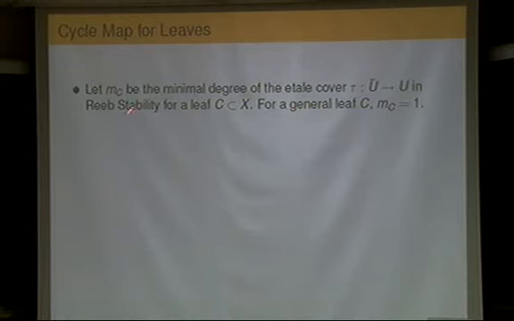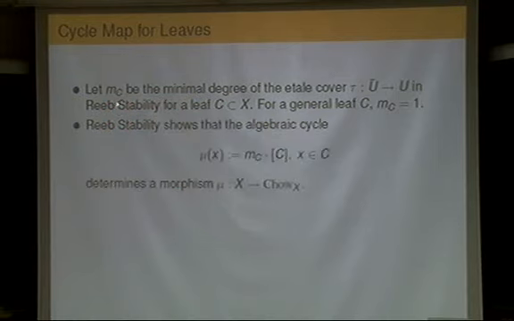But for special leaves, roughly speaking, it's the multiplicity of the corresponding multiple fiber. And then the Reeb stability, because it's locally always true, shows that if you assign for each point x the cycle of the leaf with this given multiplicity, then this gives a morphism to the Chow variety of X.